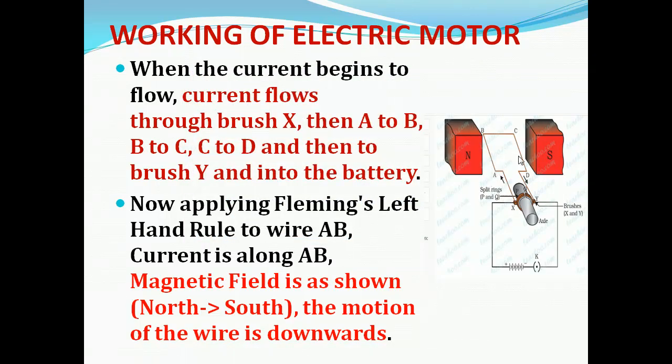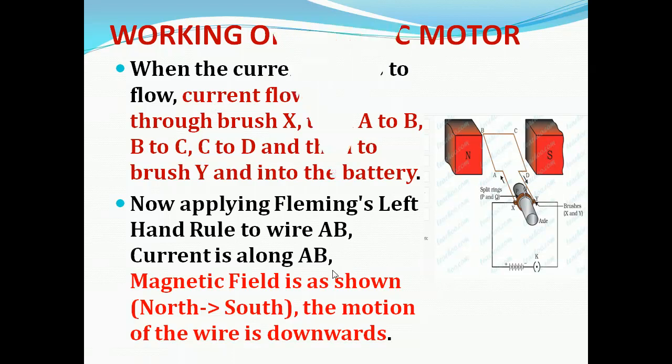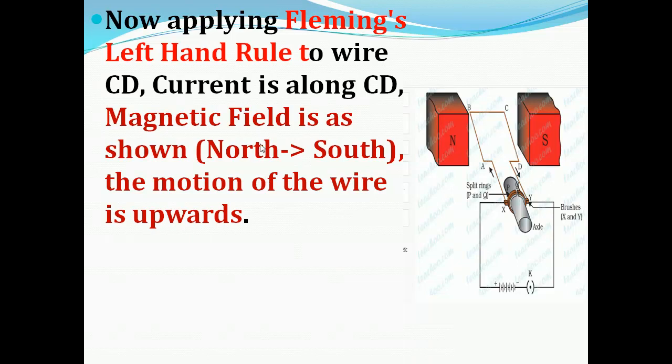So what about the wire CD? Applying Fleming's left hand rule to wire CD, the current is along CD, the magnetic field is from north to south, but the motion of the wire will be upward.